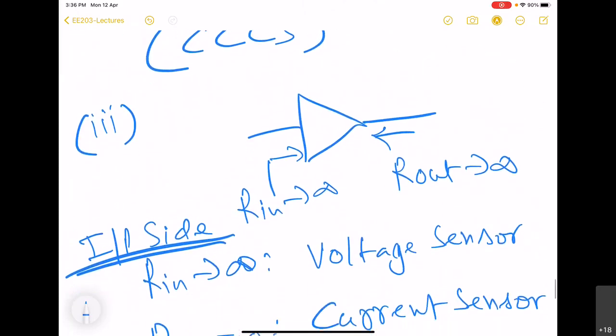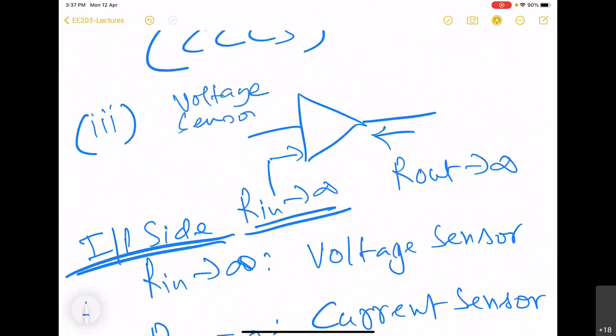So here we can see that on the input side we have infinite impedance. So that means it is a voltage sensor. And we have output impedance to be infinite. So that means it is a current source. Right.